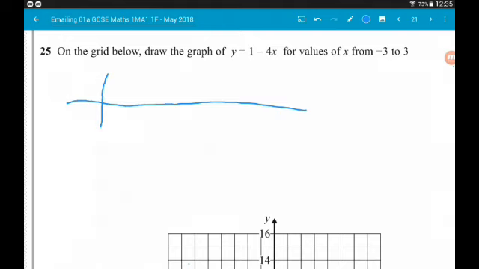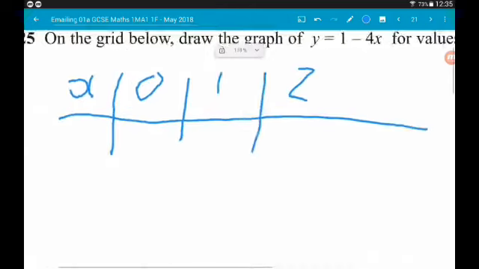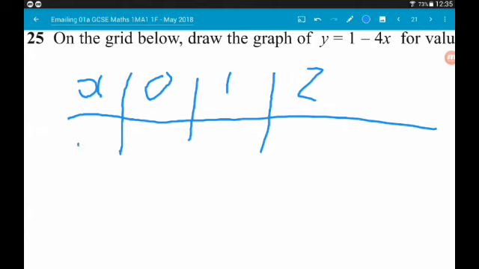So we're going to use a coordinate table, and I'm going to use values of x of 0, 1 and 2. So y, remember, is 1 minus 4x. So when x is 0, y is 1 minus 4 lots of 0, which is 1.